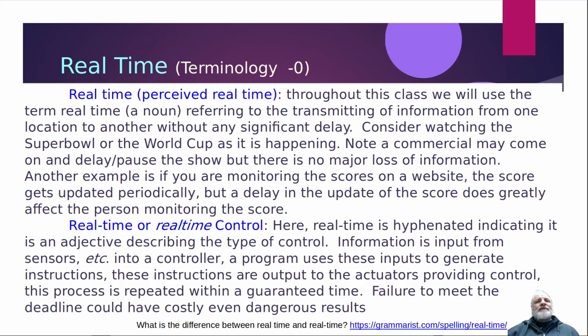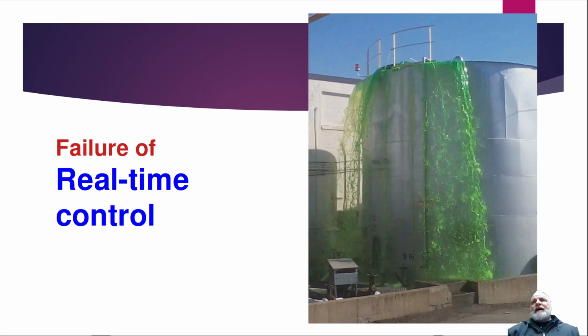Okay. However, when we look at manufacturing or things like that, you can see that things have to happen in real time. So if you see here, this is a tank, and that's antifreeze flowing out of the top of the tank. Something happened here where a pump was pumping antifreeze into this tank, and it did not get the message to stop.